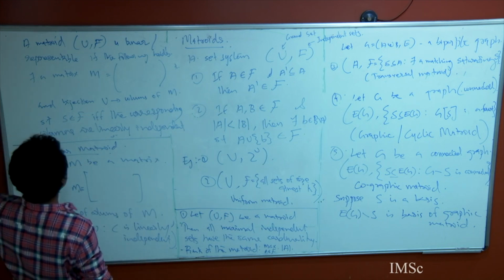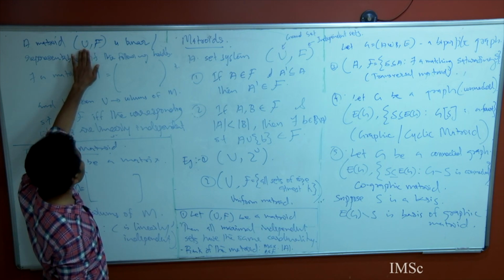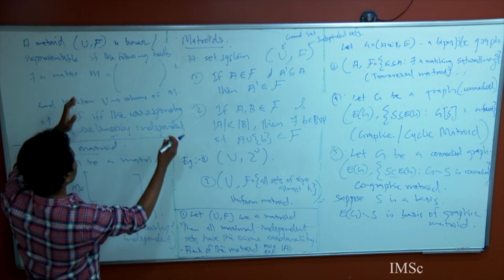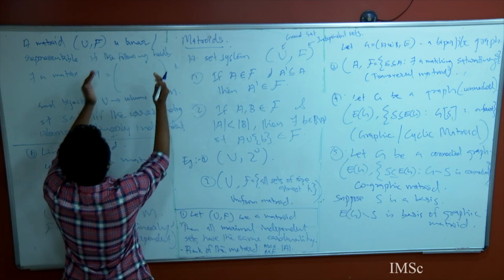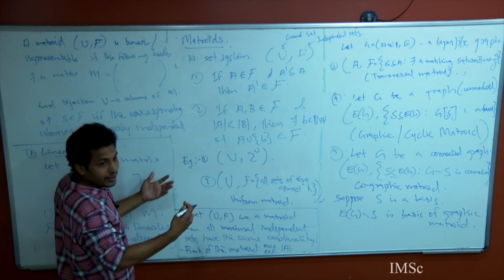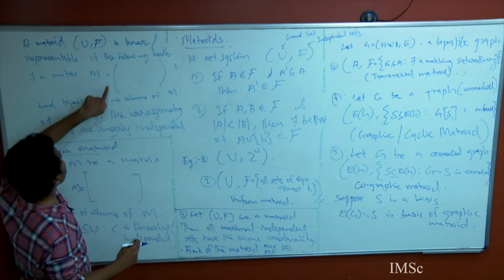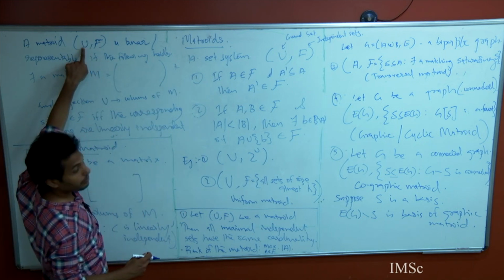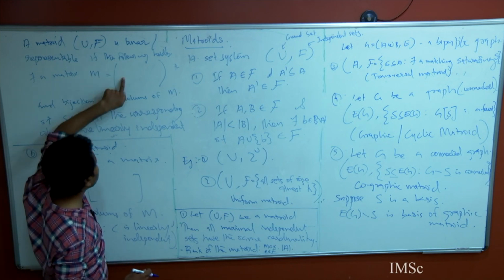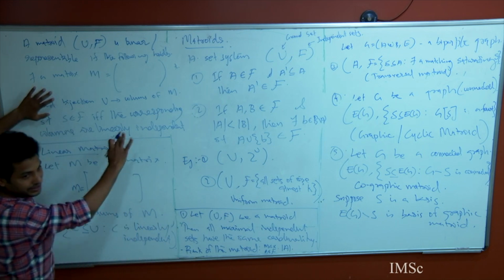So here we have a ground set and a family, and there exists a matrix and a bijection. That means I can map each element here to a column and vice versa, each column to an element, and that is a unique mapping, and that's why bijection.